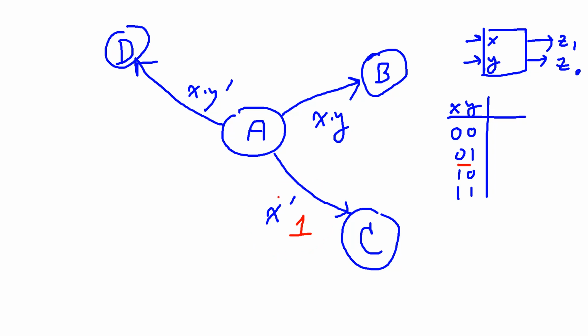That means when the clock ticks, the state machine will change from A to C. And when the input is 1 0, X is 1 and Y is 0, so 1 prime is 0, and 1 and 0 prime is true. That means when the clock ticks and input XY is 1 0, the state will change from A to D.